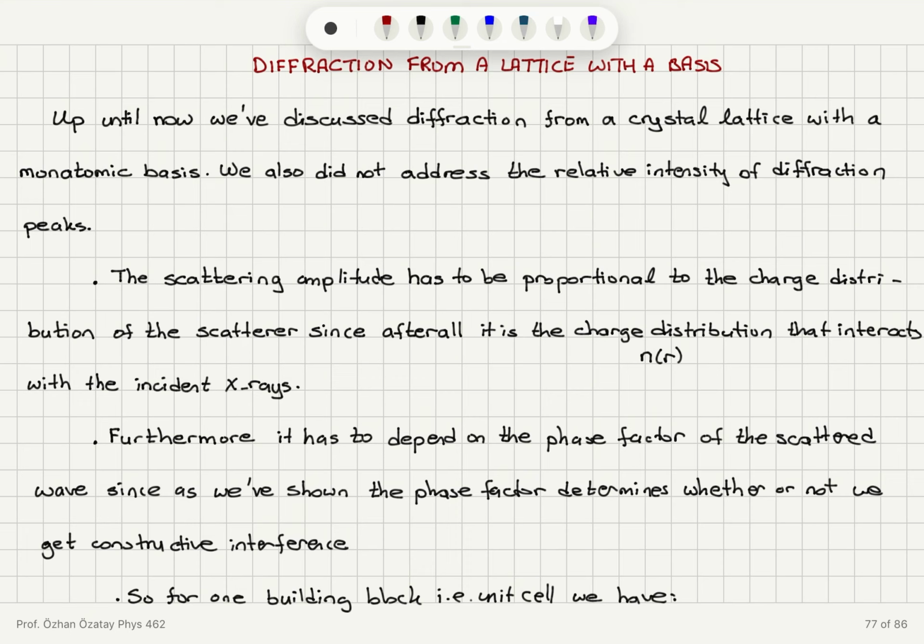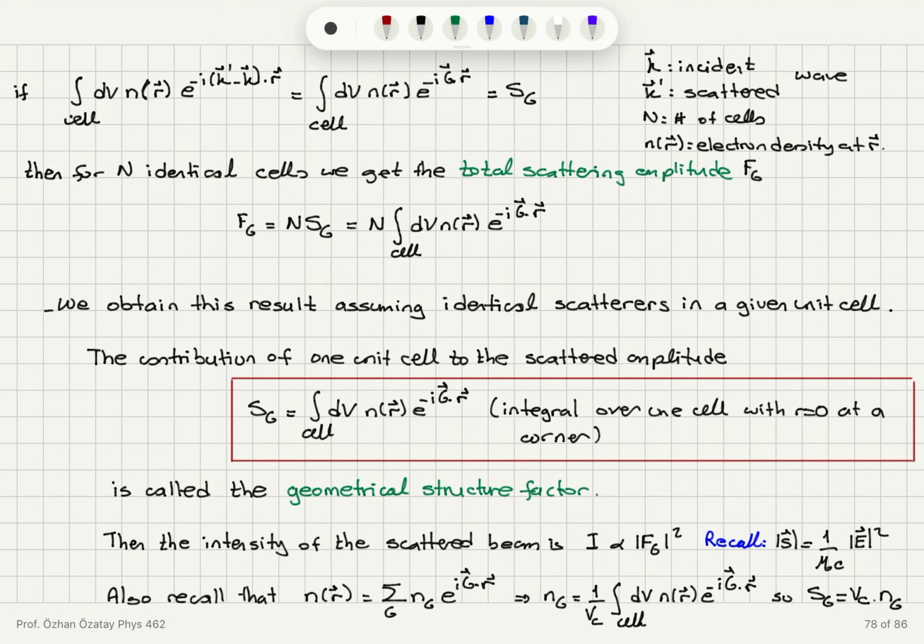So if we concentrate on one unit cell, one building block, we can talk about the scattering amplitude coming from one unit cell. That is what I'm going to call S sub g, the scattering amplitude from one unit cell, and it is given by the integral over the cell volume of the electron concentration times e to the minus i g dot r.